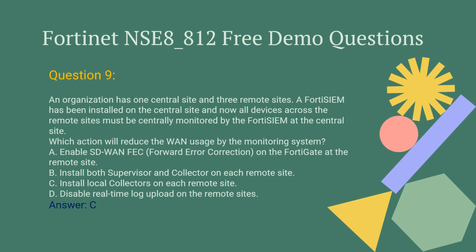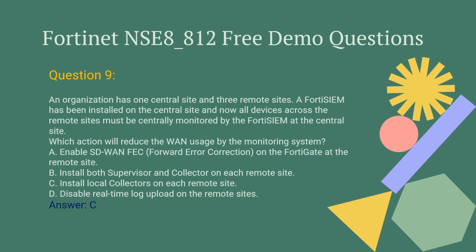An organization has one central site and 3 remote sites. A FortiSIEM has been installed on the central site and now all devices across the remote sites must be centrally monitored by the FortiSIEM at the central site. Which action will reduce the WAN usage by the monitoring system?